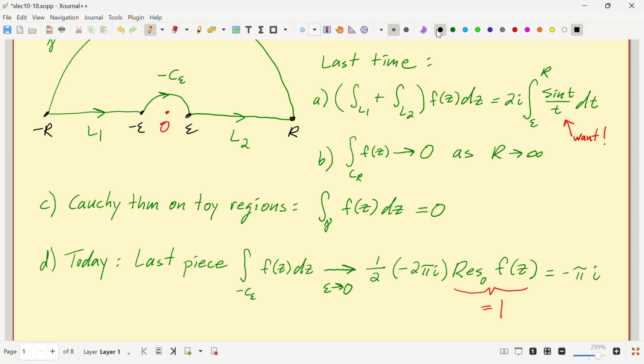When I put that all together with the Cauchy theorem, I let r go to infinity, then let epsilon go to 0, and I get exactly what I want, namely the integral from 0 to infinity is pi over 2. But that's a symmetric integral, so it's twice that to go from minus infinity to plus infinity. So we'll be done.